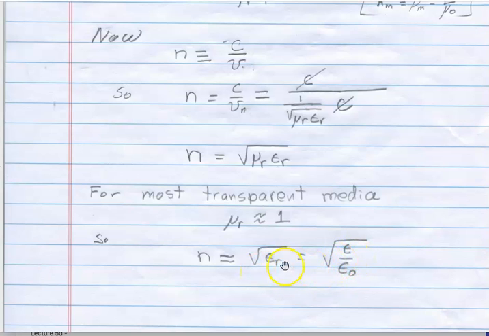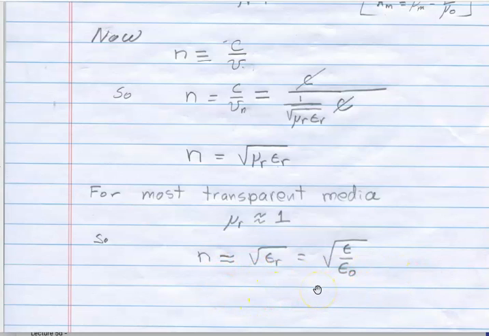Notice the relative permittivity is just, by definition, epsilon of the material over epsilon naught. And if I'm in the vacuum, I get epsilon naught over epsilon naught, so the index of refraction of empty space or vacuum is simply 1, as you know had been concluded earlier.